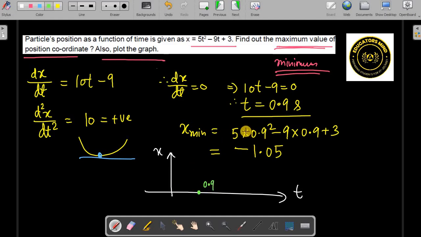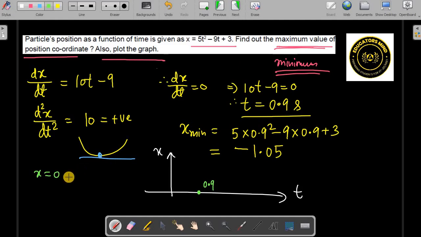And you can also find out whether it is cutting the time axis or not. Whenever it is cutting the time axis, there will be two values of time. You can put x equal to 0 and find out those two values of time.